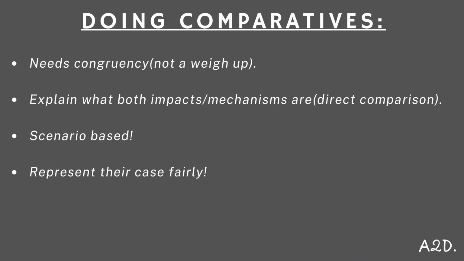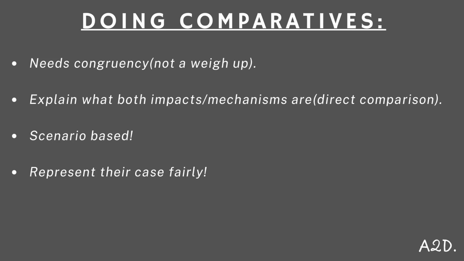But this is a bit of an advanced thing: you can also do weigh-ups within comparatives, as long as it's under the congruency principle that I mentioned. So for instance, if you're talking about a safer space and both sides achieve that safe space, you can give a weigh-up as to why under that direct comparison on your side of the house, the space is much safer, for example. So that was the second thing.